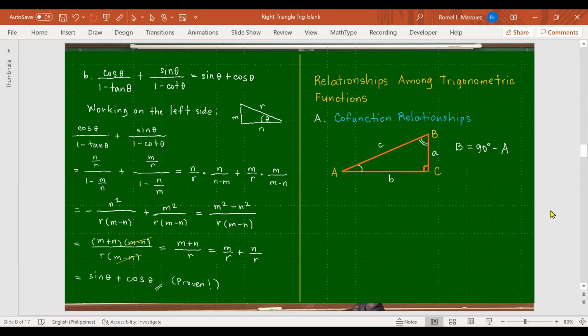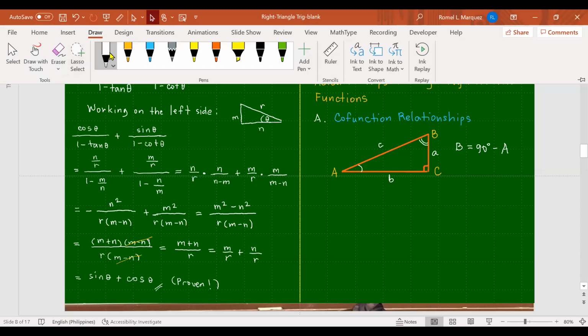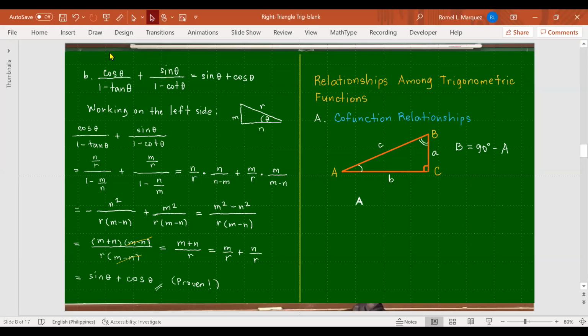Relationships among trigonometric functions. Let us consider this triangle. A and B here are what? Complementary angles. Again, what are A and B? Complementary angles. Oh, this is A and B, not RMB.